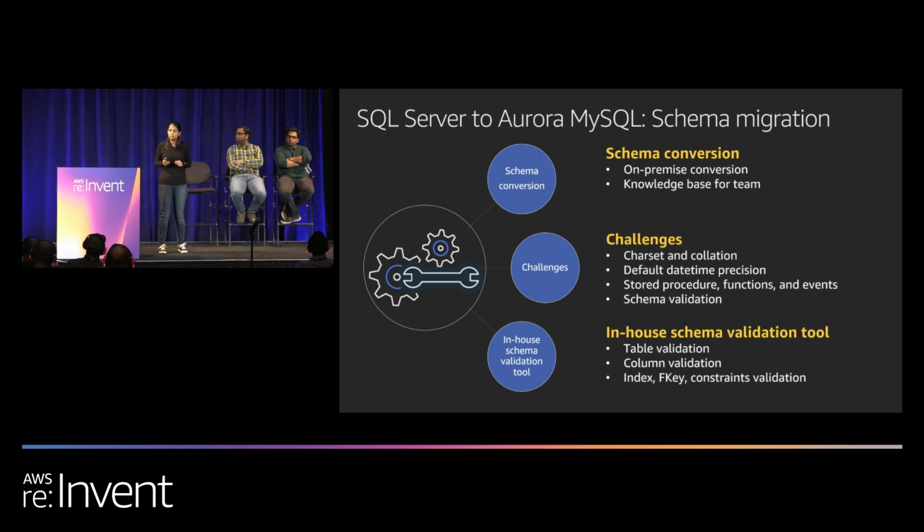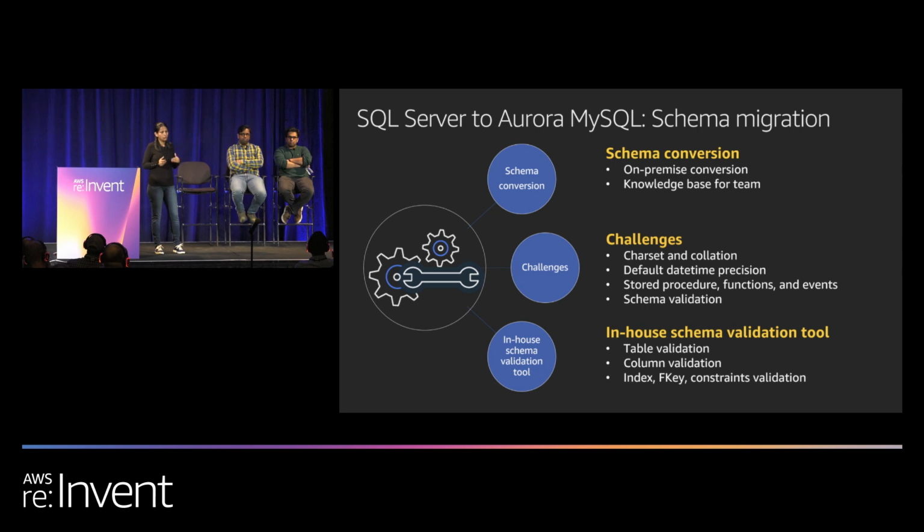I would like to talk about some of the challenges we faced as part of this migration. As you know, this was a heterogeneous migration, so the char set and collation from the source and the target cannot map properly. For example, we didn't have a collation in MySQL 5.7 which could support case-insensitive and accent-sensitive search. So we worked very closely with the Aurora team, and they helped us by backporting this feature from MySQL 8 to Aurora 5.7.